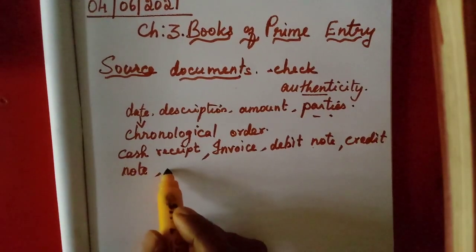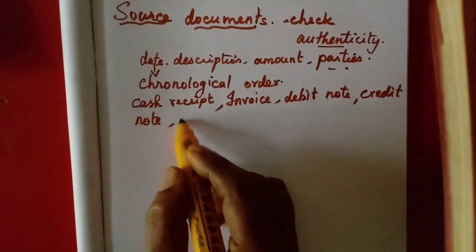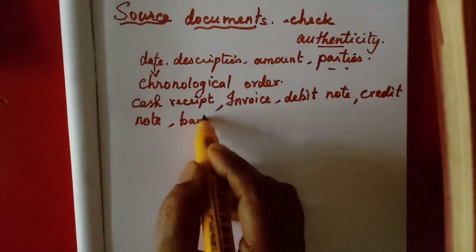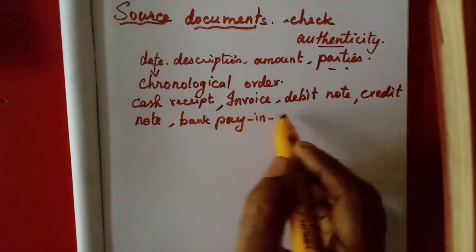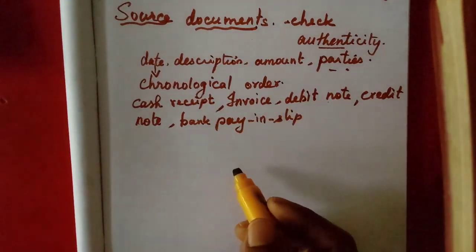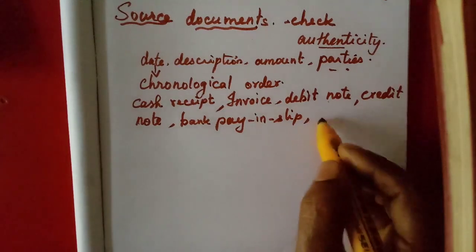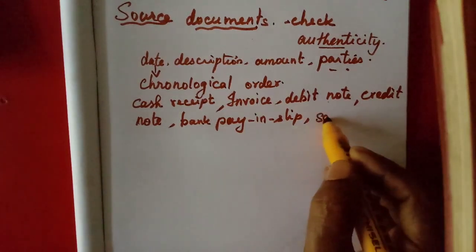And if we deposit money in the bank, that is called a bank paying slip. One slip will be given back to us. That will be our evidence, source document. Then if we pay salary, salary bill.